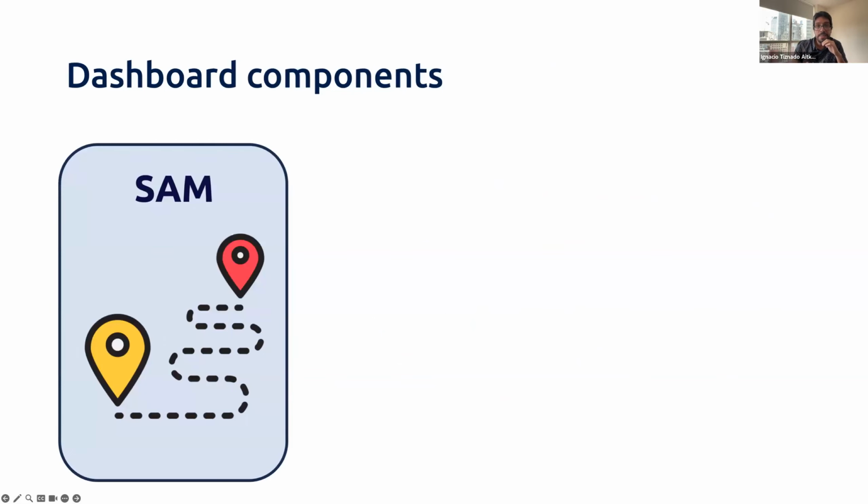So the dashboard has 3 main components. The first one is something that Yannick already mentioned in his opening remarks, the spatial access measures. That is a national data set developed by Statistics Canada and Infrastructure Canada that includes accessibility scores to different facilities. We have educational facilities, healthcare facilities, employment, grocery stores, cultural and health facilities, sports and recreational facilities.